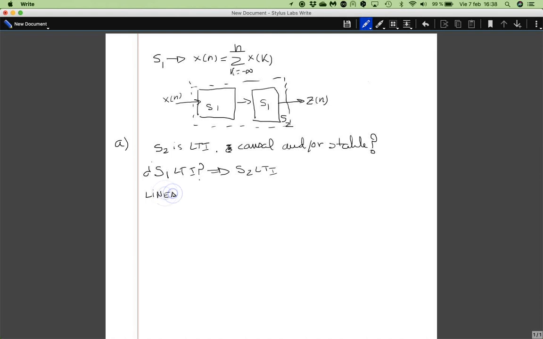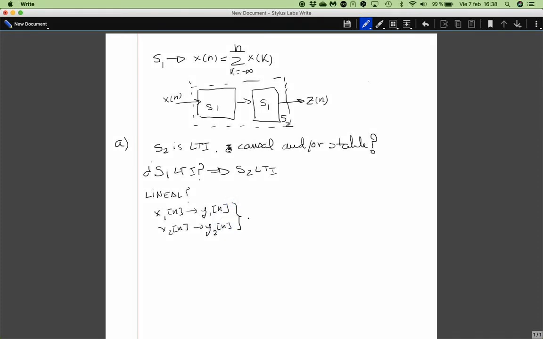if S1 is linear. Okay, so very easy. A system is linear when you input a signal x1[n], and then you get an output y1[n]. And if you have another input x2[n], that creates an output y2[n].